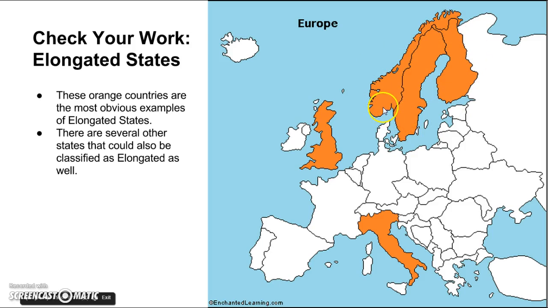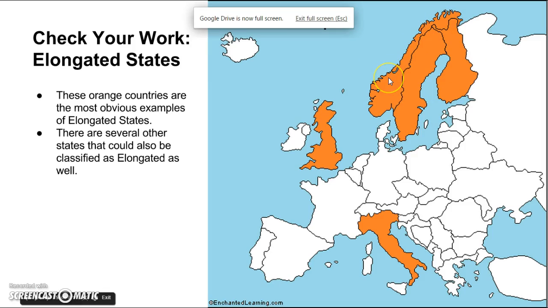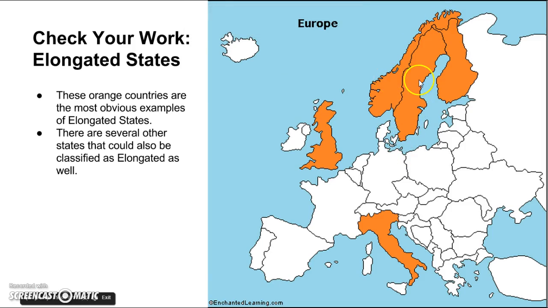But they're also all very long states that have a lot of distance from top to bottom, and most of their capitals are located more towards the bottom, or the southern end. So getting the political cohesiveness all the way up to these northernmost territories can be difficult. And there is often a very different culture at the top than there is at the bottom.